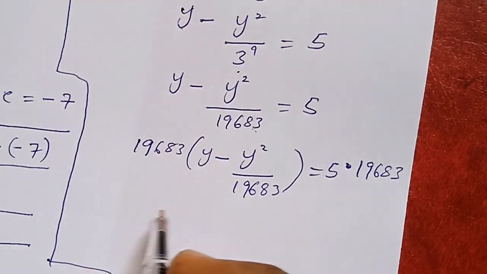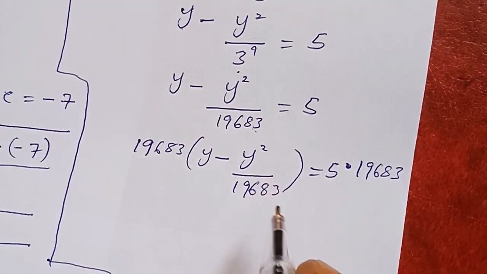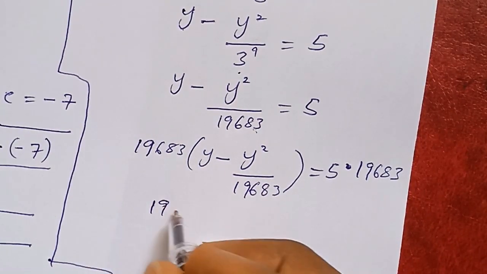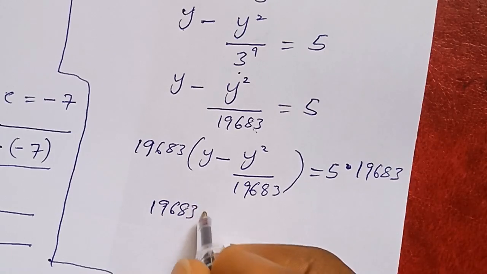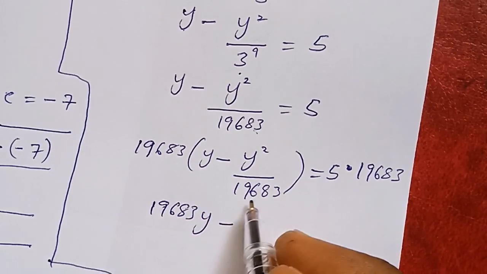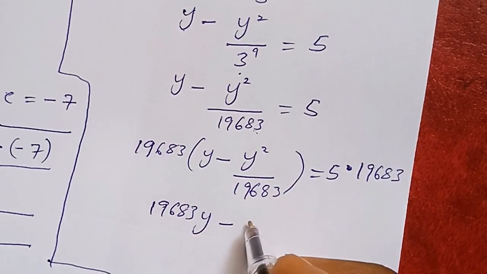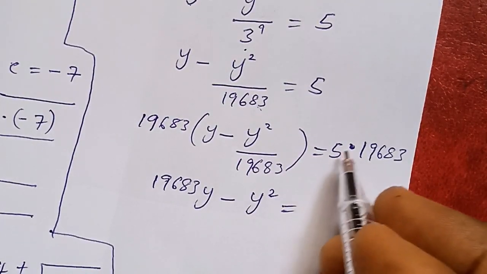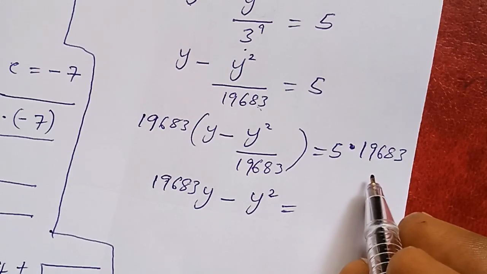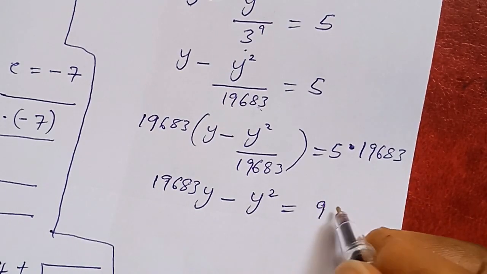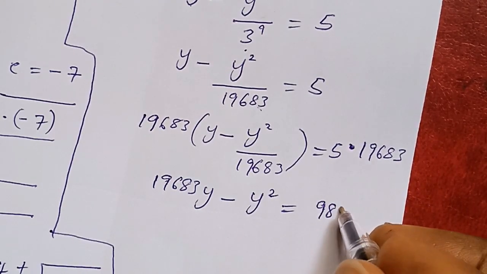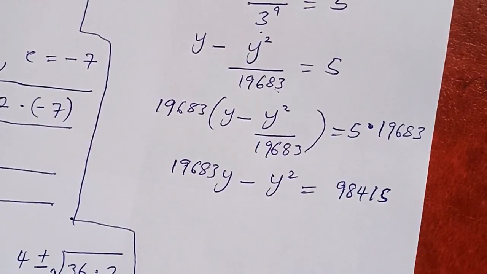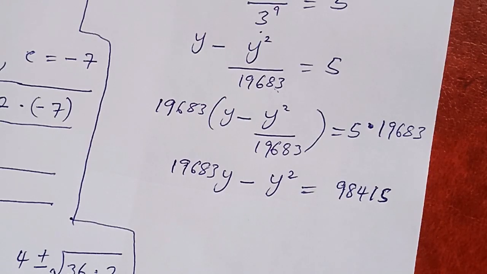Okay, so here if we multiply through, this will now give us 19,683y minus, it will get rid of the 1 over here, so we'll be left with y squared, equals, if we multiply it by 5, then that will give us 98,415. Okay, that will be the value for the constant term now.